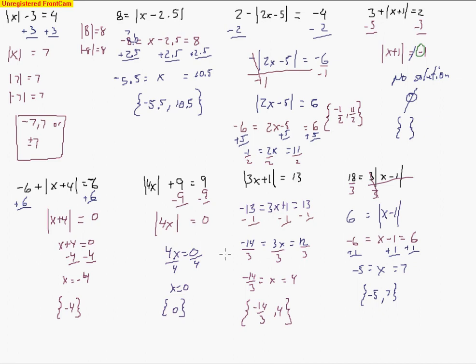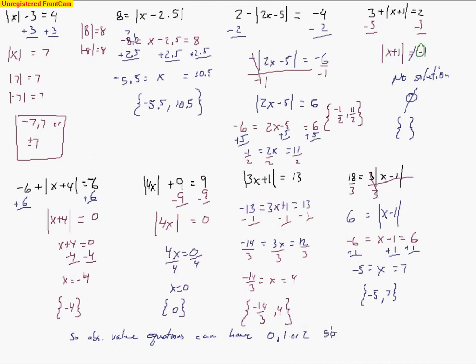So as you can see, there are 3 different possible types of answers we can have. So the number of answers, we'll say, for absolute value equations, that is, because we also will deal with inequalities in a while, absolute value equations can have either 0, 1, or 2 solutions.